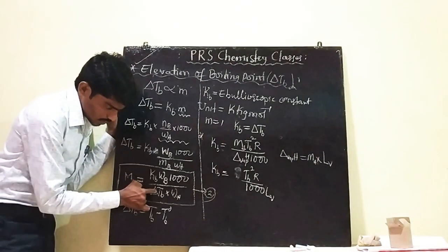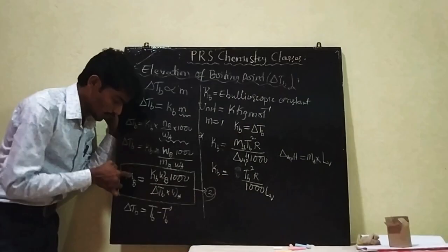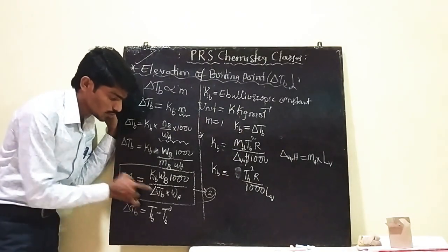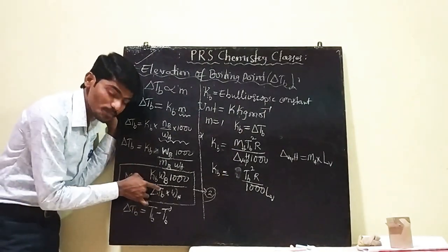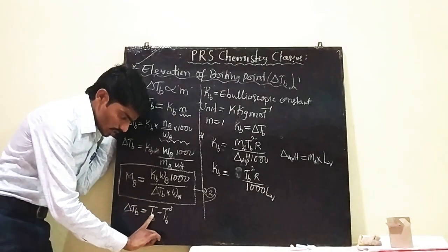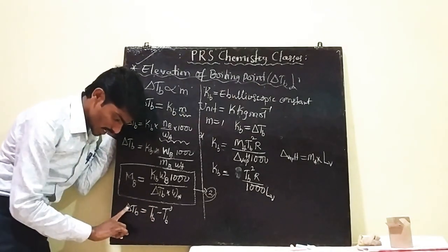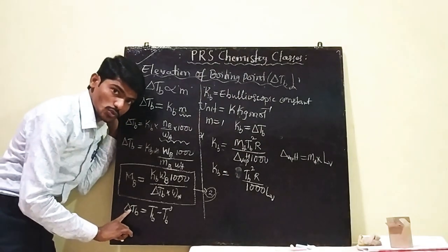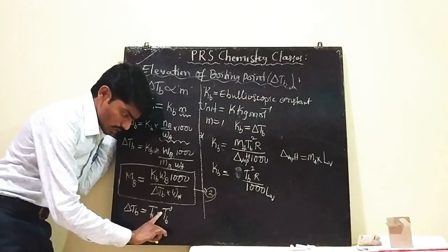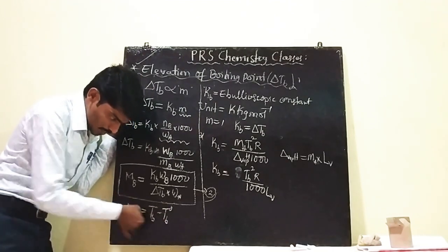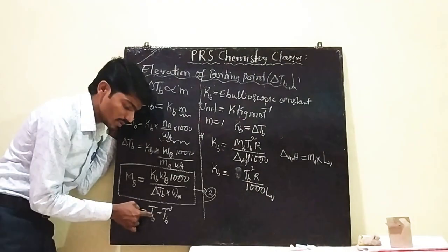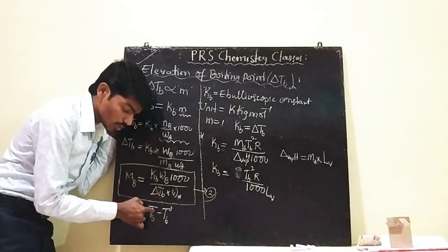Remember, all the colligative properties are inversely proportional to molar mass. Molar mass and colligative properties are inversely proportional. In this case, the boiling temperature of the solution is directly proportional to this colligative property, because Tb is equal to delta Tb plus T naught b. So if the value of one increases, the value of delta Tb also increases; therefore these two are directly proportional.